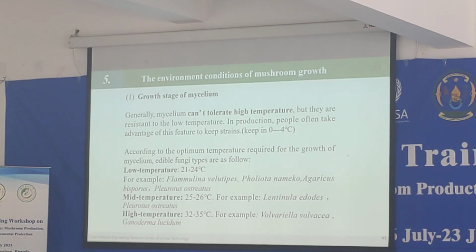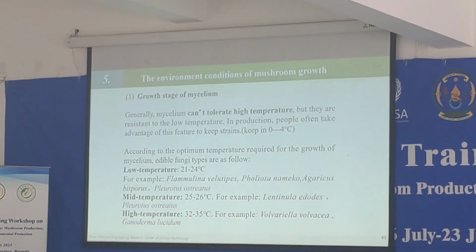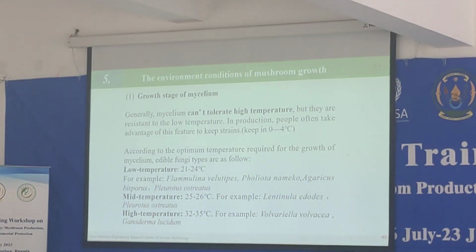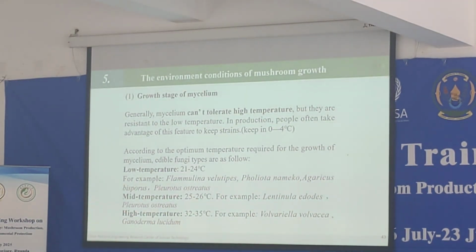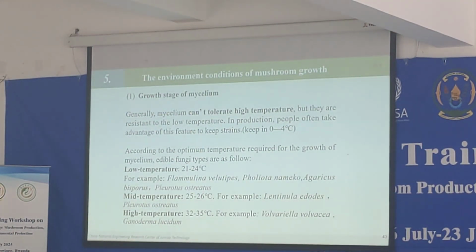If the temperature is very high, the mycelia cannot grow, they will die. And when we make the first generation spawn, we should keep it in the fridge at around 4 degrees. So this mycelia can resist low temperature. We use this feature, we can keep the spawn for a long time.